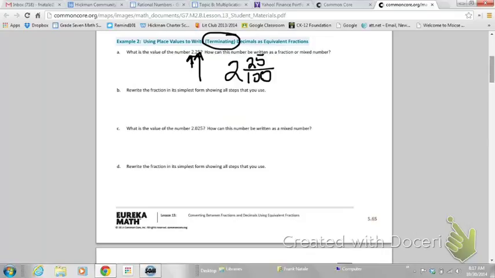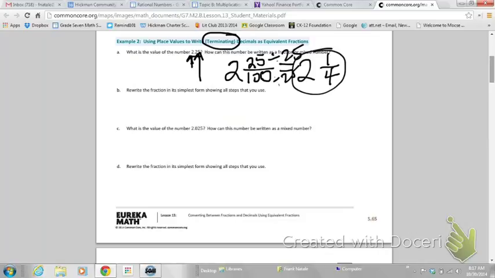They'll become very difficult to manage if you wait too long. But anyway, this is going to be equivalent to 2 1/4, because 25 is 1/4 of 100, or we could divide 25 by 25 and get 1, and then 100 by 25 and get 4.